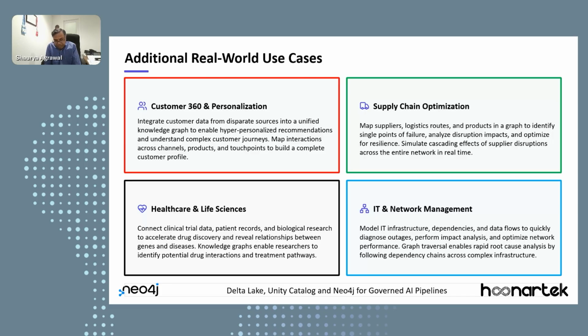Healthcare and life sciences, here there's a big, what's the right word? There's a big use case for graph database to integrate the relationships between the genes and the drugs and the research that is happening.